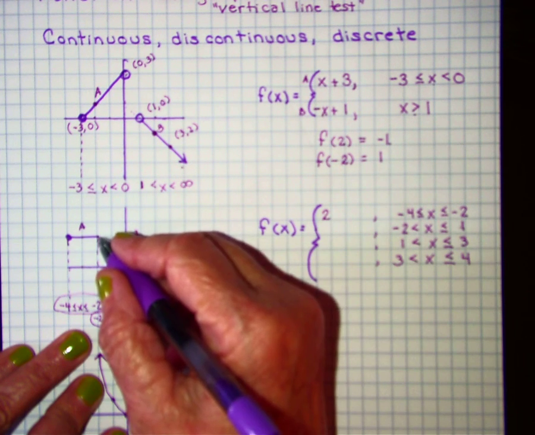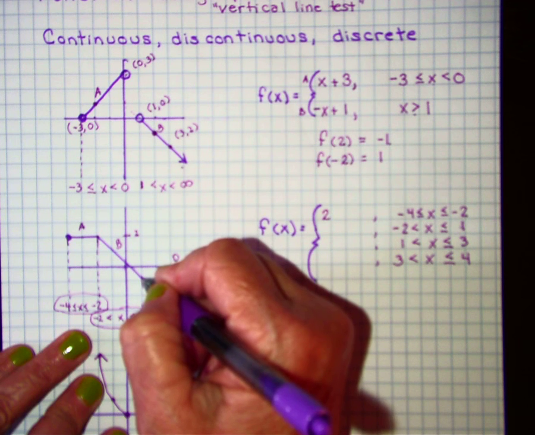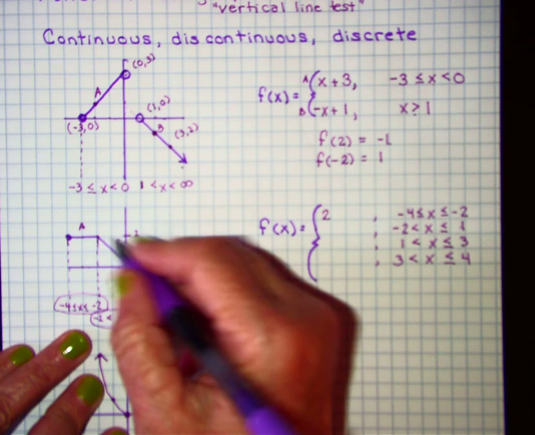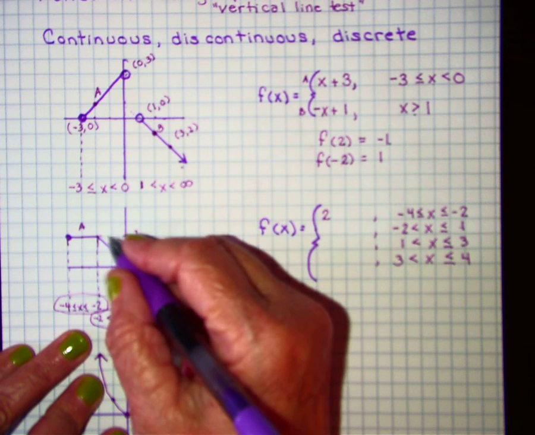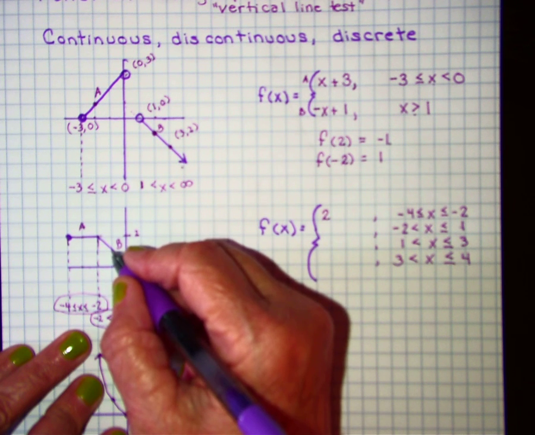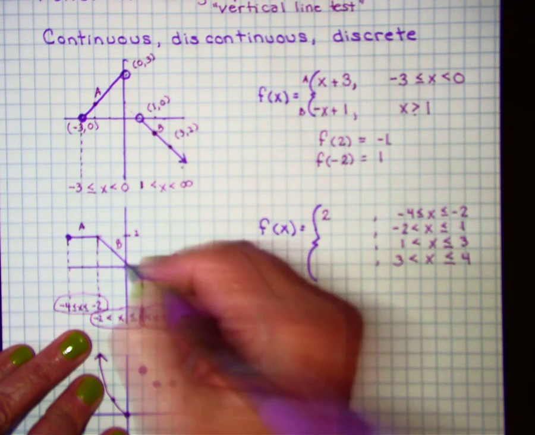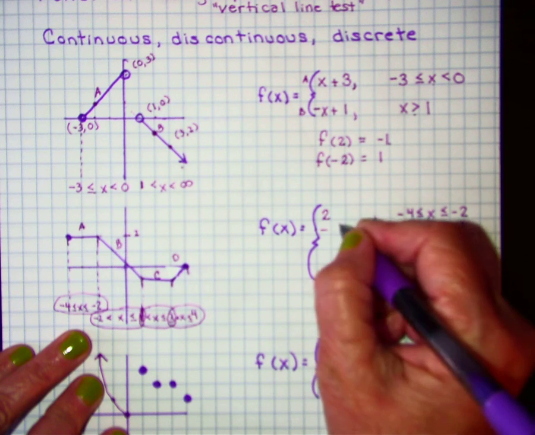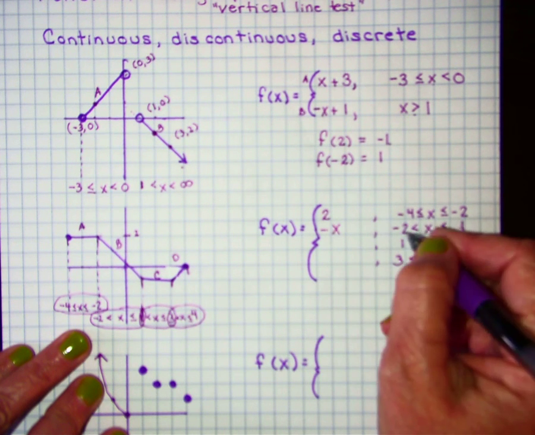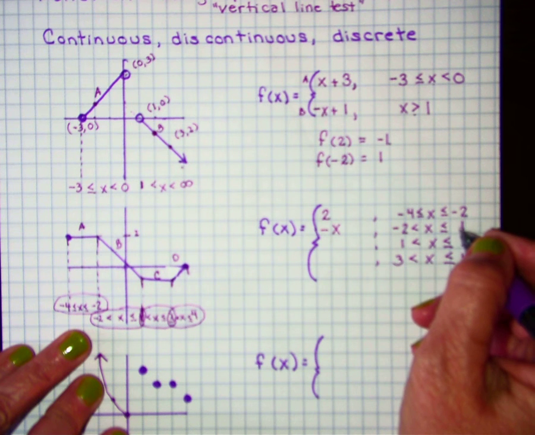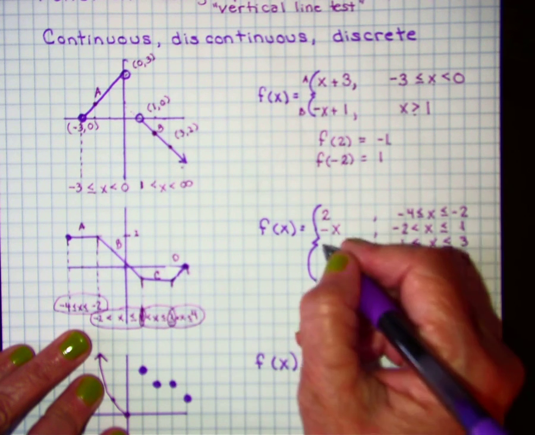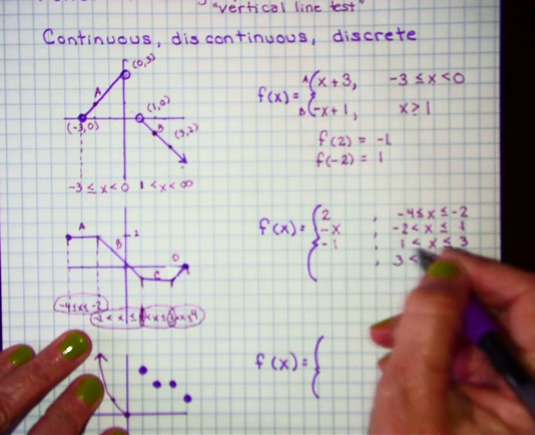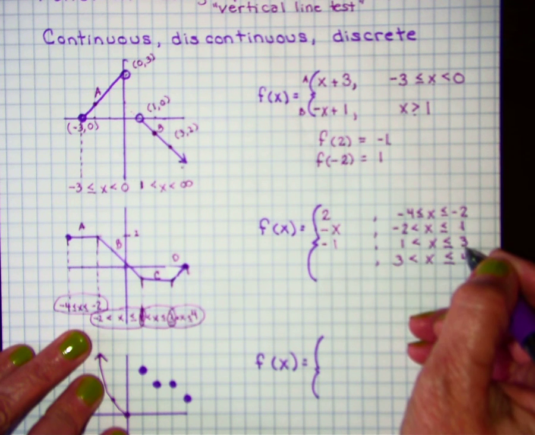Now when I go between negative 2 and positive 1, I can see that I have a negative 1 slope, so it's a negative x, and it goes through the origin. So this is just negative x when x is between negative 2 and 1. My C again is a constant function, so it'll be at negative 1 when x is between 1 and 3.